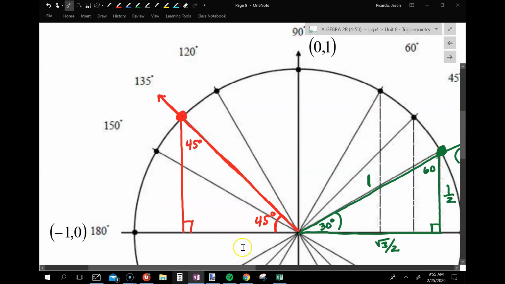In this red triangle, do any of these sides represent the radius of this circle? Yeah, this one right here, right? Because it goes from what? The center to the point on the circle, right? So this is 1. In a 45, 45, 90, everybody, what is the length of the two sides across from the 45? Radical 2/2.